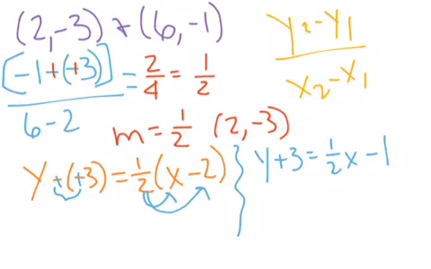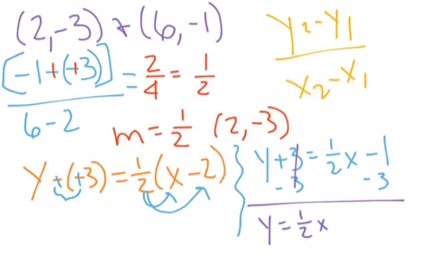Okay, let's put this in slope-intercept form. So how do we do that? I'm going to subtract 3 on both sides. It's going to cancel these out. So we're going to get y equals 1/2 x minus 4. Negative 1 plus a negative 3 equals negative 4. Then you can graph from there.